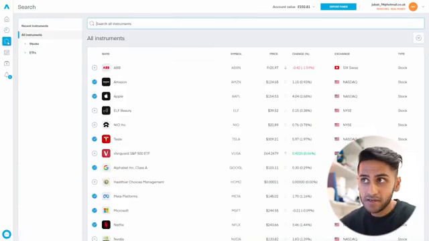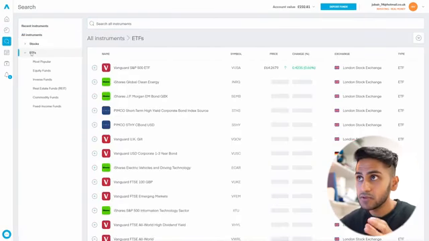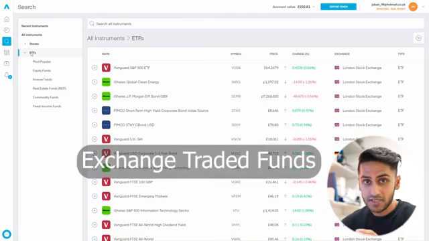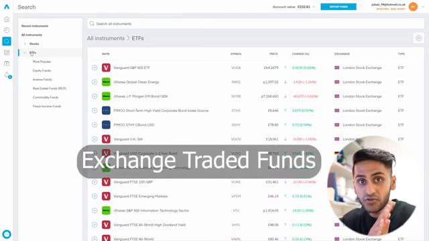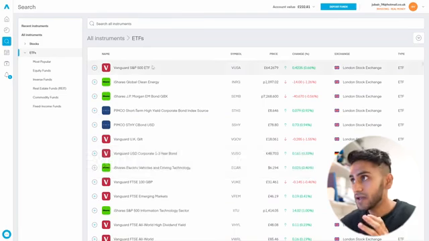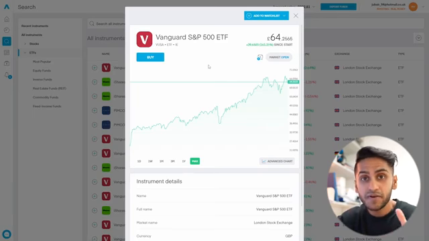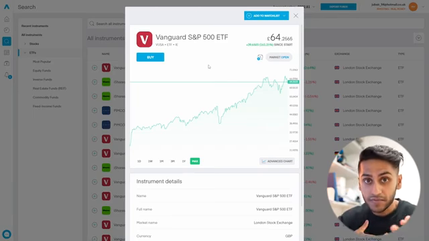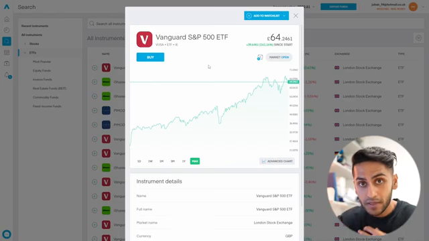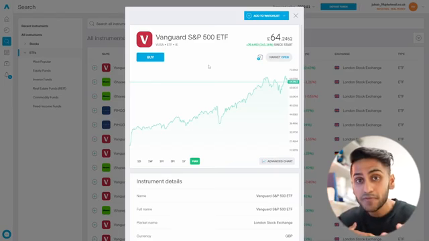So if we go back into the magnifying glass, we can see that there is also ETFs that can be purchased. So ETF stands for exchange traded funds. So for example, the Vanguard S&P 500 is the collection of the top 500 companies in the US, including big companies like Apple. These top 500 companies are regularly reviewed and those underperforming will get replaced by the better performing companies.